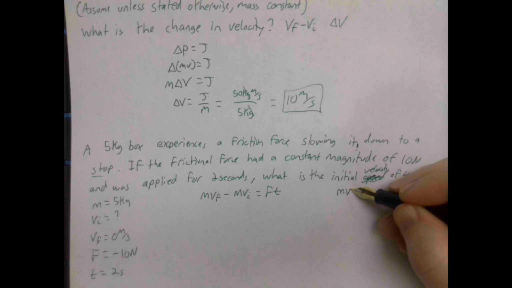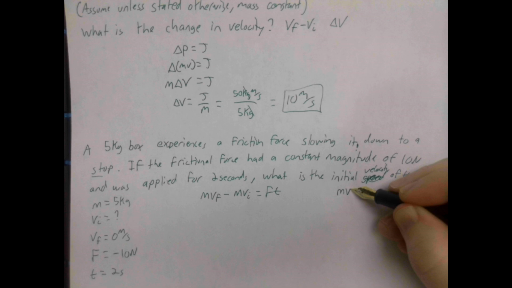That'd be negative mass times initial velocity is equal to Ft minus mvf. And to get rid of the negative, we have to multiply the entire equation by negative 1. So this becomes positive mvi is equal to negative Ft. A negative times a negative is positive.